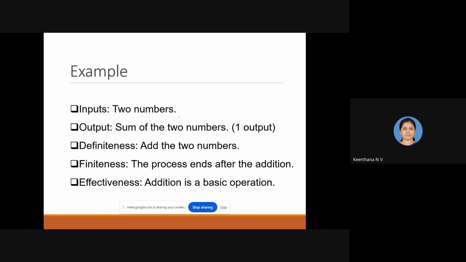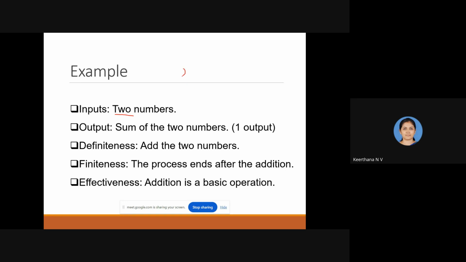A few examples I will be covering here. What will be my output, what will be my input, and what will be my definiteness? If you are considering addition of two numbers, those two numbers will be your input, and the sum of the two numbers is the final output.